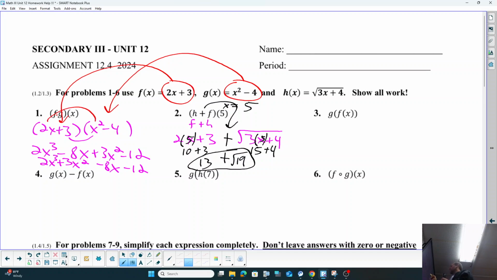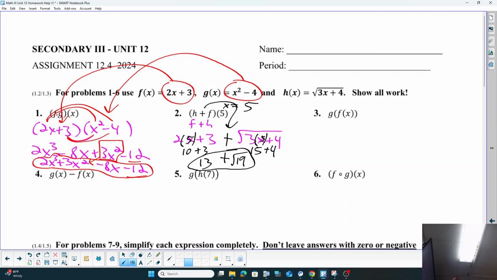So 2x times x squared is 2x cubed. 2x times negative 4 is negative 8x. 3 times x squared is 3x squared, which is a higher power, so we write it in second place. And last but not least, 3 times negative 4 is negative 12. So there's our answer, 2x cubed plus 3x squared minus 8x minus 12.